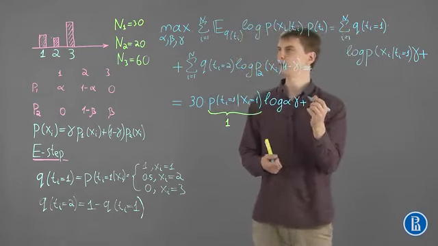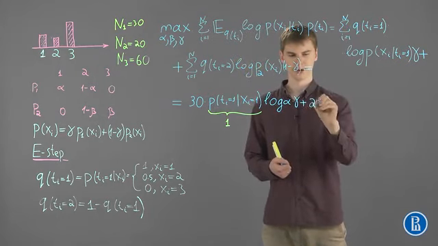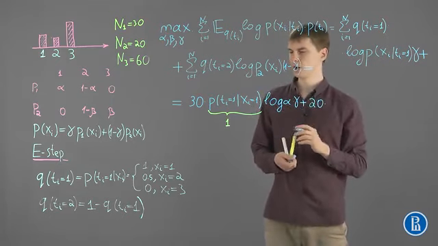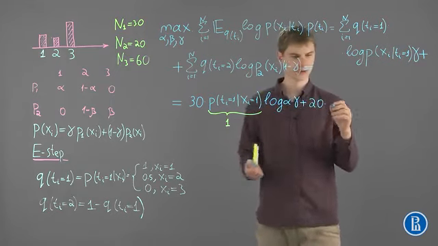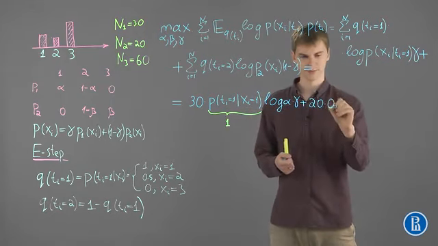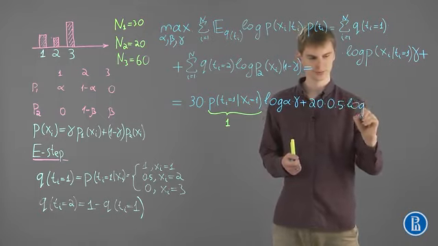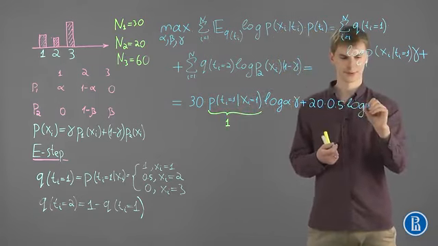The second term will correspond to Xi equal to 2, so there will be 20 of them. The probability of Q of Ti in this case will be 0.5 from here, so it will be times 0.5, times the logarithm of the joint distribution, which is 1 minus alpha, times the prior.